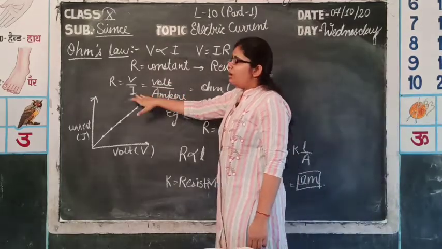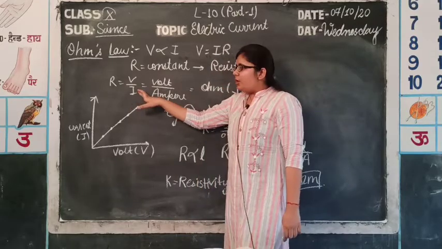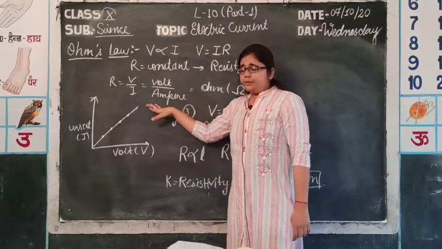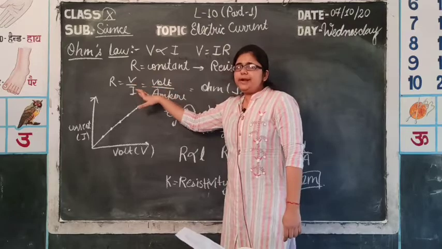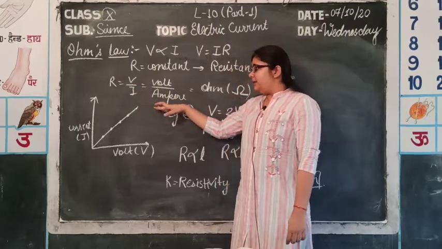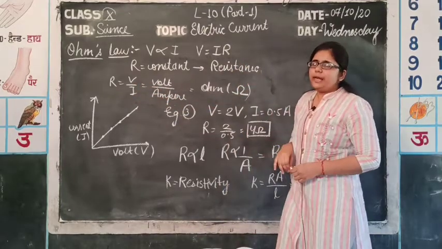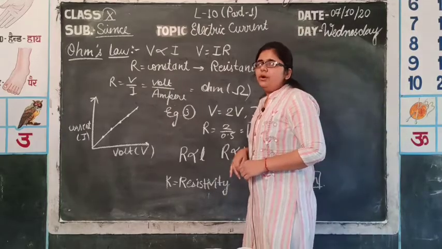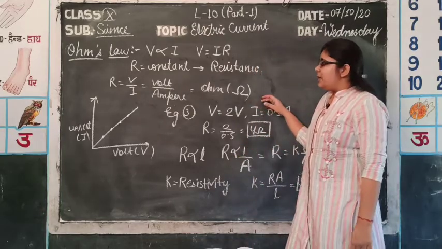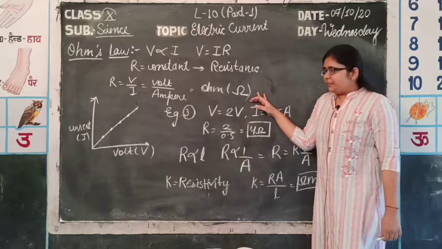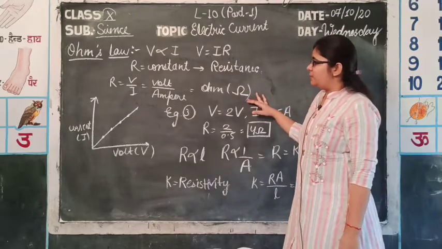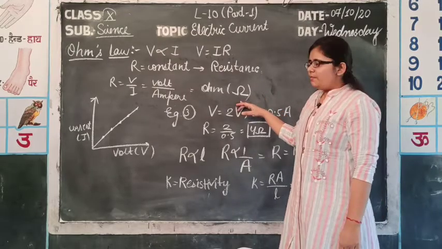Then the formula of R will be volt per current, that is the potential difference divided by the current flowing, and the unit will be volt per ampere, and this unit, in honor of the scientist Ohm, is known as the unit ohm and the symbol is given in the German. So, this was about Ohm's law.